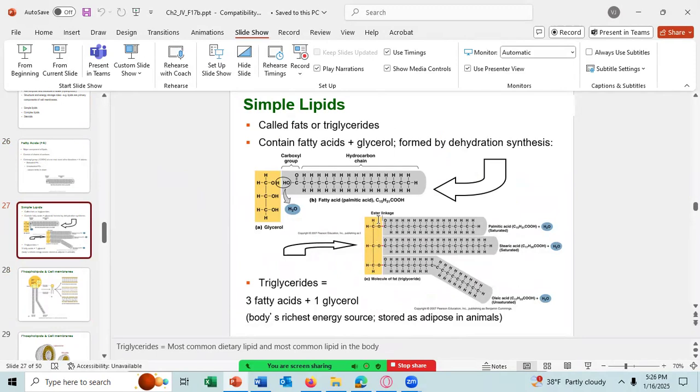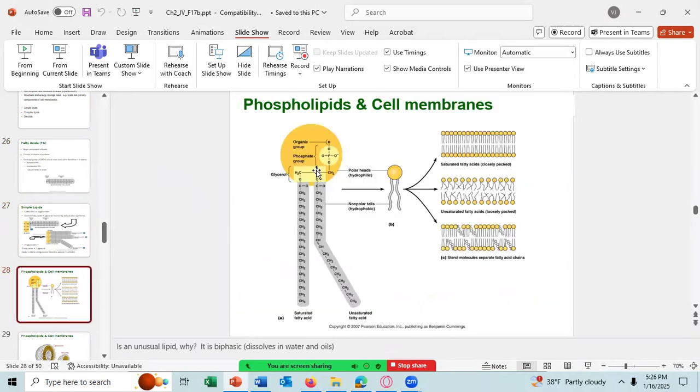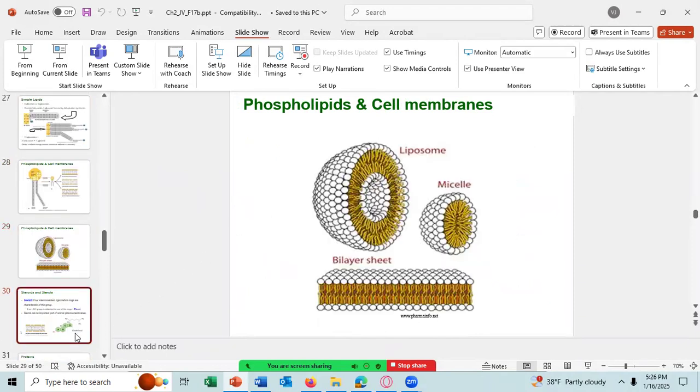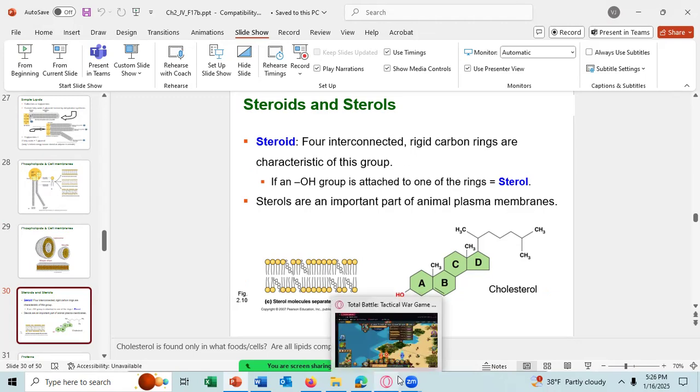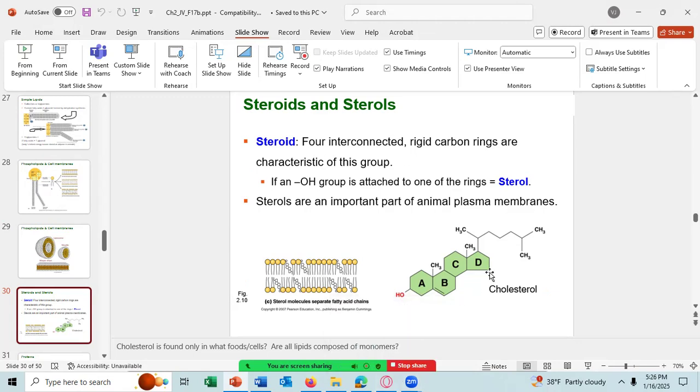There's one there, there's one there. Here's one here, there's two there. These are monomers making up the polymer. Here's the molecule there. Where's the monomer? Anyone? There is no monomer in a steroid or a sterol, meaning this is a lipid that is not made up of monomers.